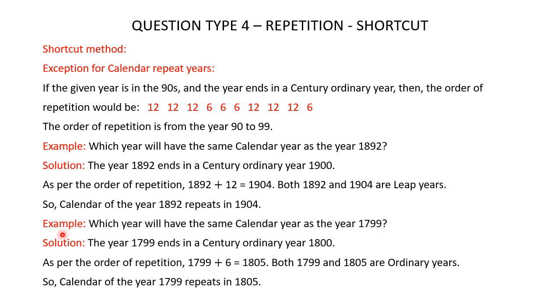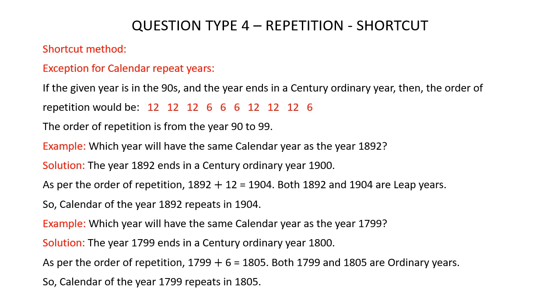Let's now look at another example. Which year will have the same calendar as the year 1799? Now, as you can see, the year 1799 ends in 1800, which is a century ordinary year, because 1800 is not divisible by 400. Now, the given year is 99.